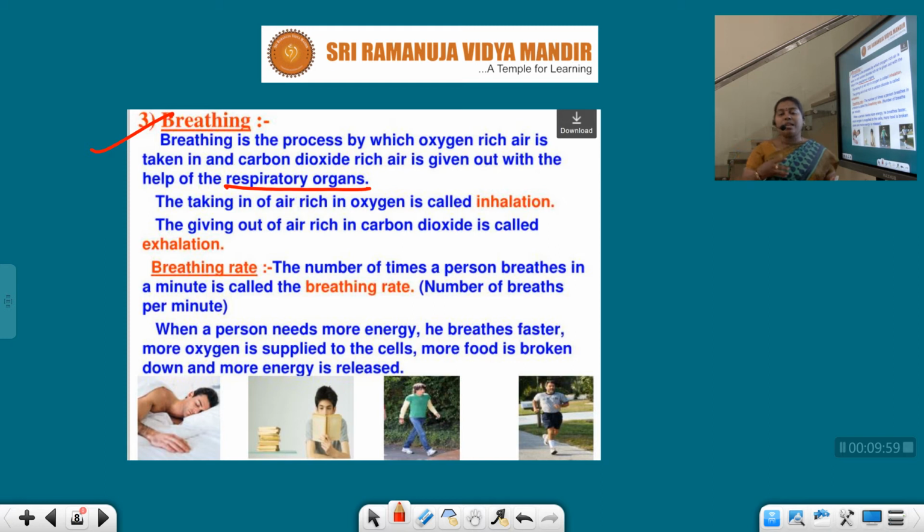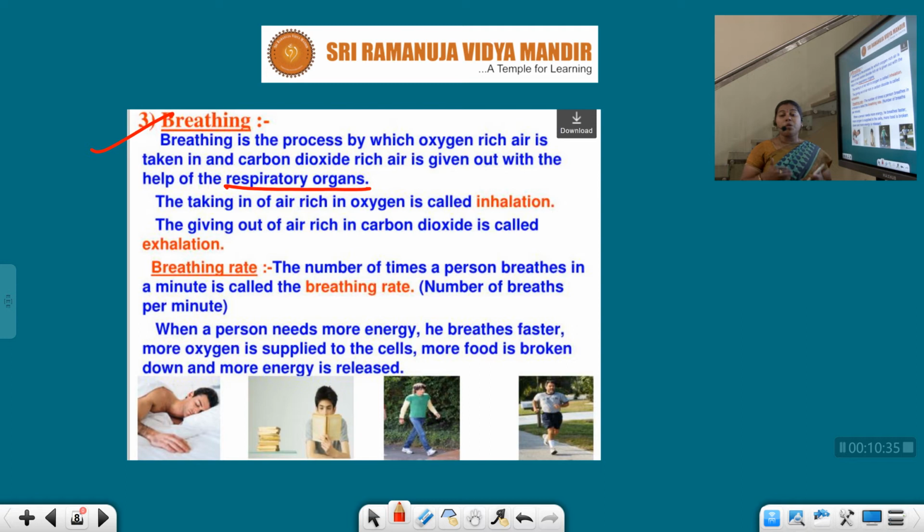We have an excellent respiratory system in our body: nasal cavity, nasal nares and windpipe, that is the trachea. The trachea enters into the lungs and divides into bronchioles and alveoli. So we have a well equipped respiratory system in our body. With the help of this system we take oxygen into our body, and in the same way we release the carbon dioxide which is not utilized by the body.